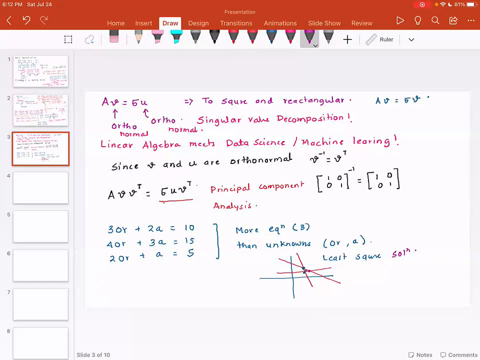And that problem can be written as A x, and here we will say finding the best possible x that fits the data.